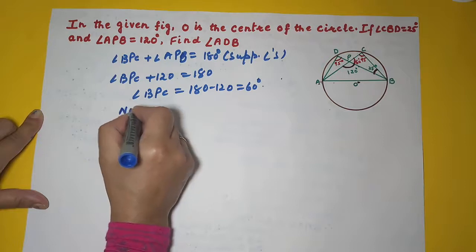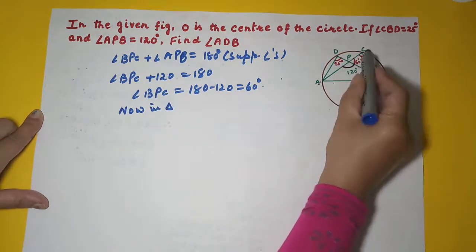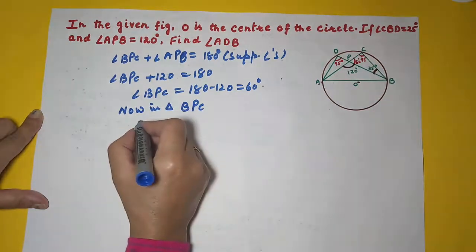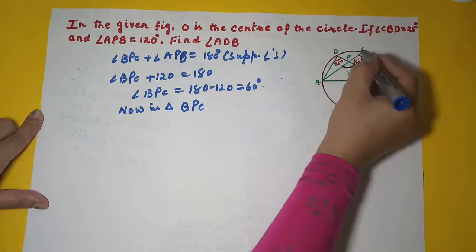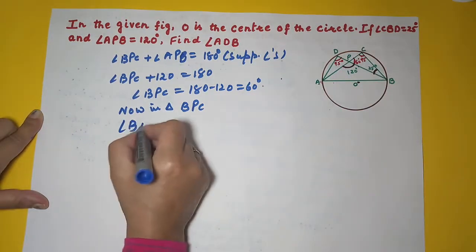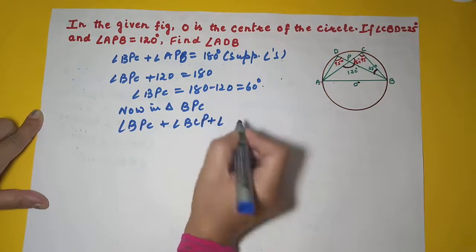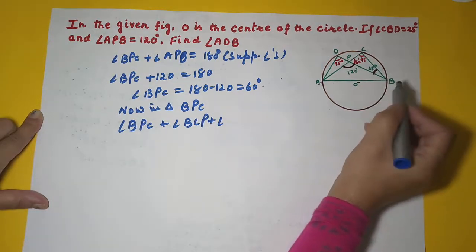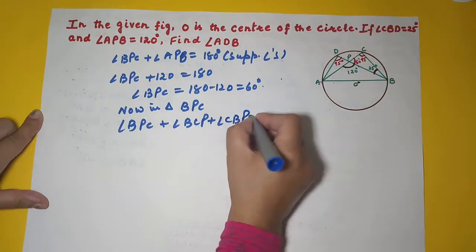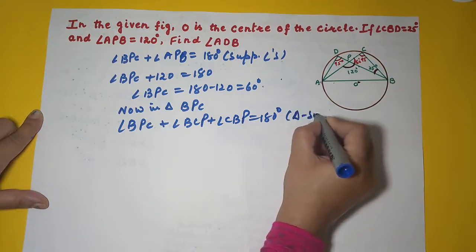Then you can write now in triangle BPC, angle BPC plus angle BCP plus angle CBP is equal to 180 degrees. Why? Triangle sum property.